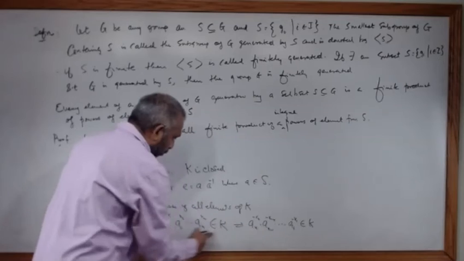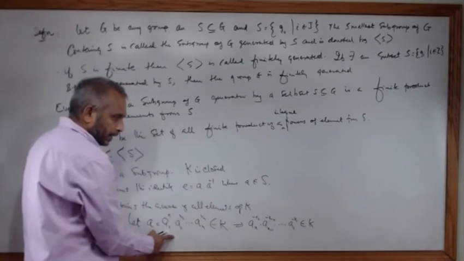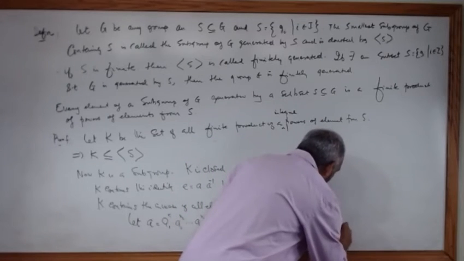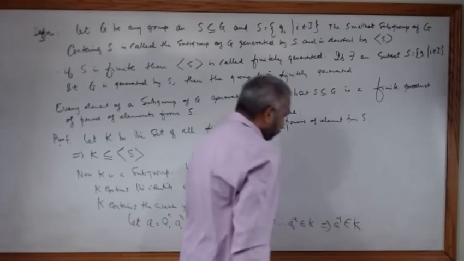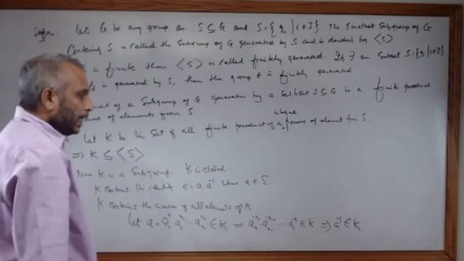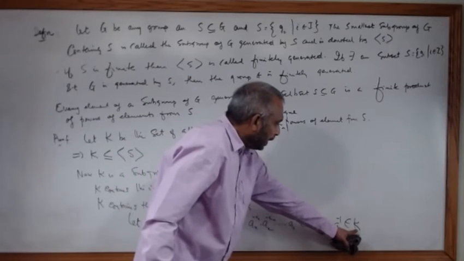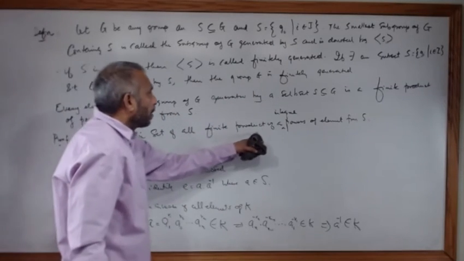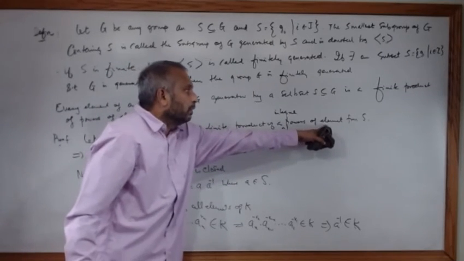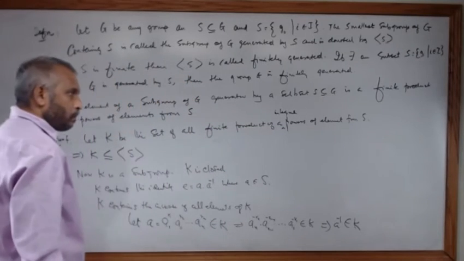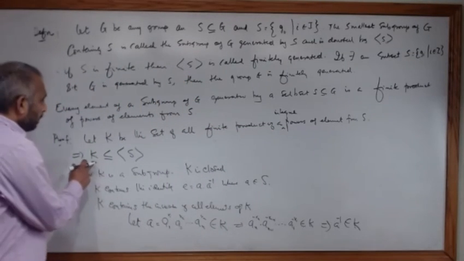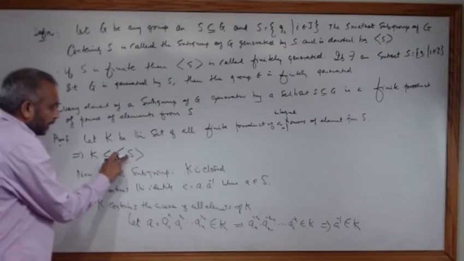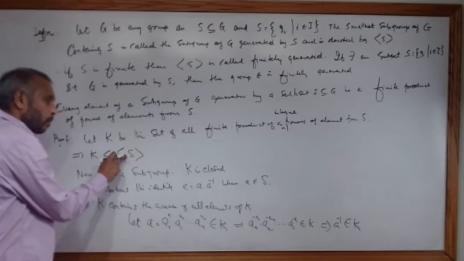If you multiply these two together, you get the identity. So that means a inverse also belongs to K. So K is a subgroup containing all finite products of the integral powers of elements from S. But the subgroup generated by S is the smallest subgroup.